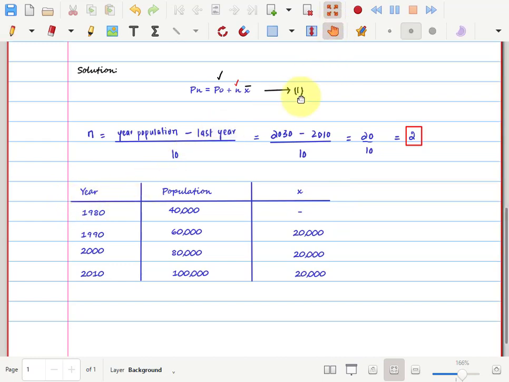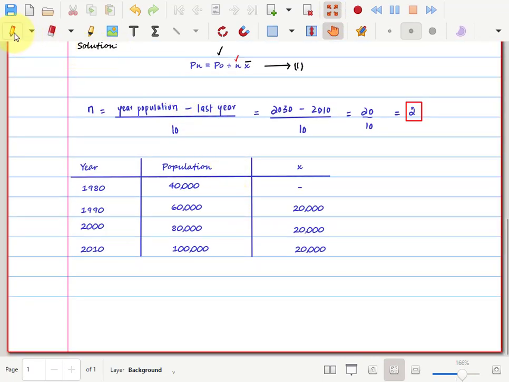Now we are supposed to find the value of x bar, right, for the above formula. So what will be x bar? X bar is mean, right? So we need the mean value of this. There are three terms, right? We need to add them up and divide by 3, because there are three terms. 20,000 plus 20,000 plus 20,000 divided by 3.